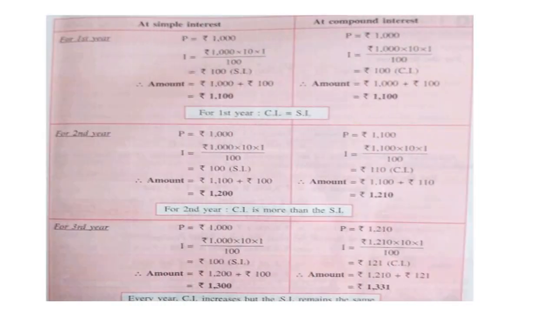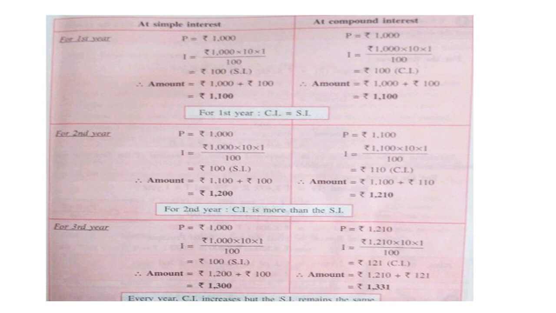Let us learn what is the difference between simple interest and compound interest. Look at the slide over here. This is the photocopy of your textbook. You can go through it in the textbook also. The first column shows the simple interest, in which the principal amount for the first year, second year and the third year remains the same at rupees 1,000 and the rate of interest is 10%.